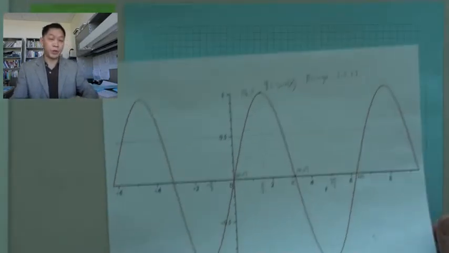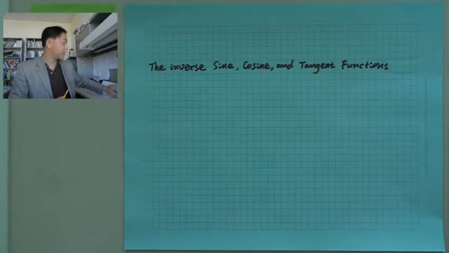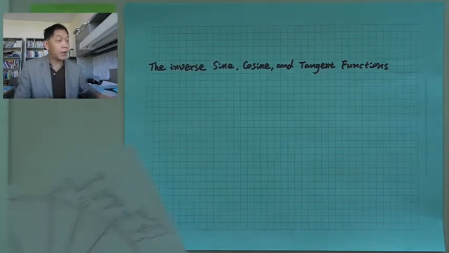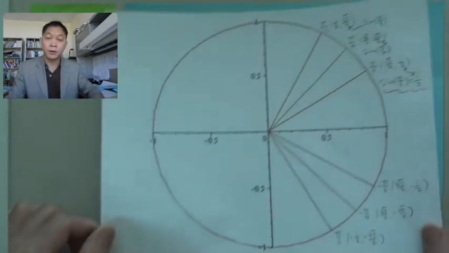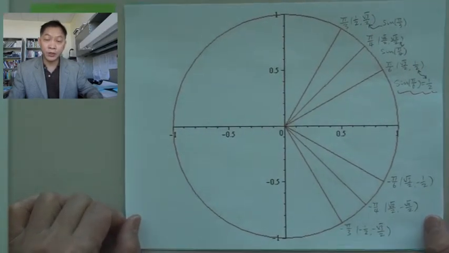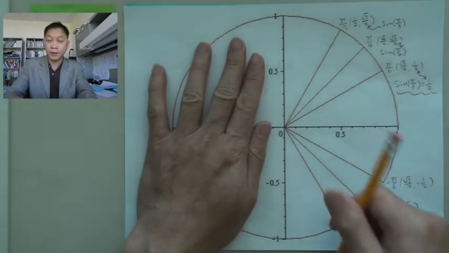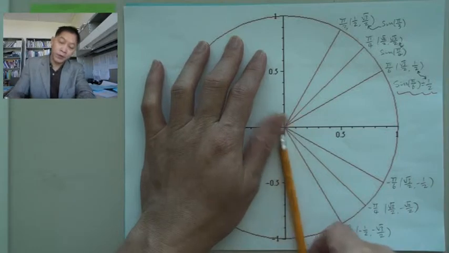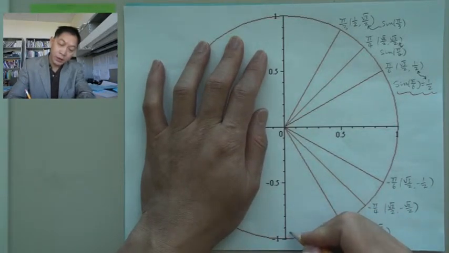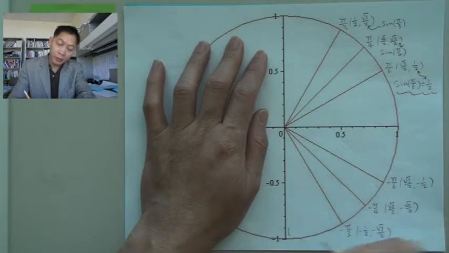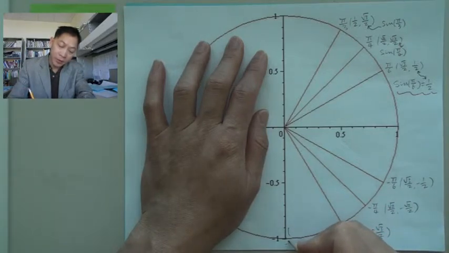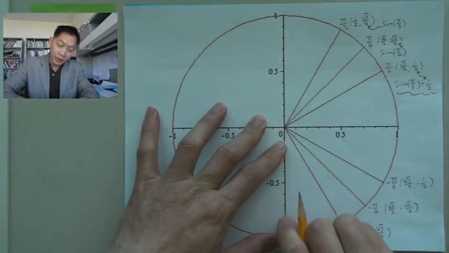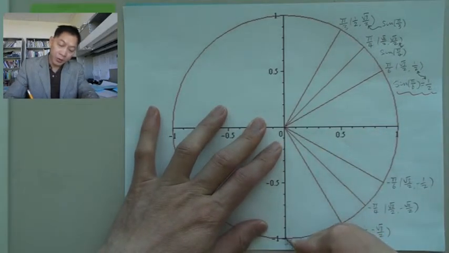Since we restrict our domain from negative pi over 2 to the positive pi over 2, if you look at the unit circle, it basically tells us from a negative angle, negative pi over 2, this point. If we put the angle down here, that will be negative pi over 2. And what is the coordinate for this point?